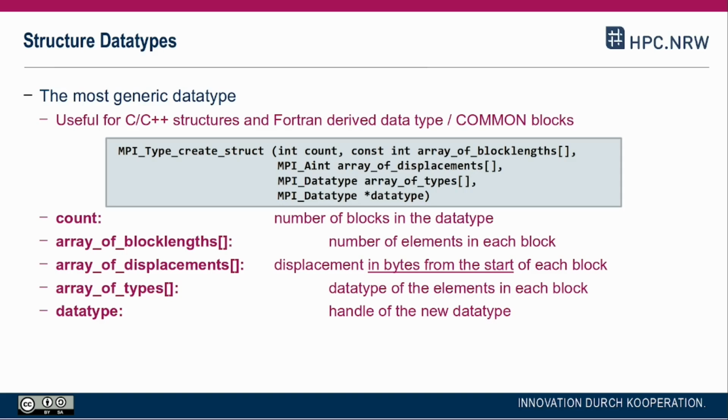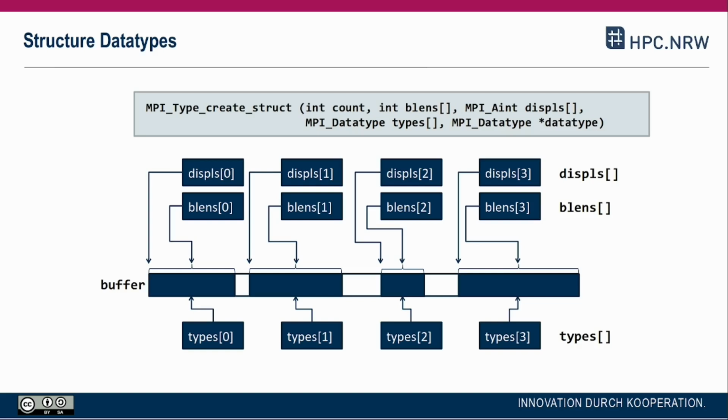It's just that you add one layer of complexity, because it'll all be the same types. And that's why you have these simpler routines to help you and give you a simpler interface. Okay, so let's look at this in a visual way again.